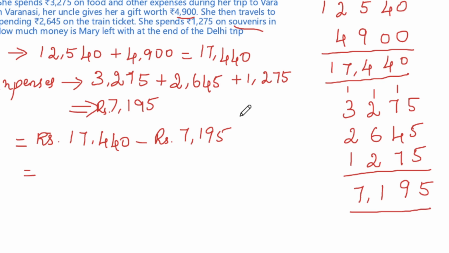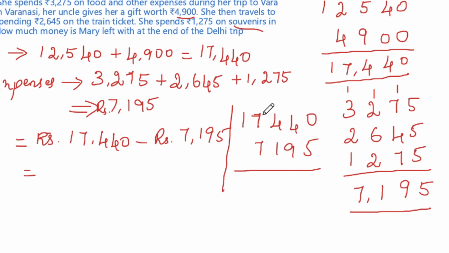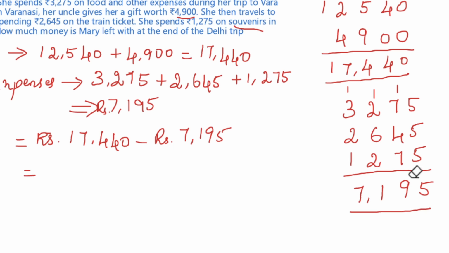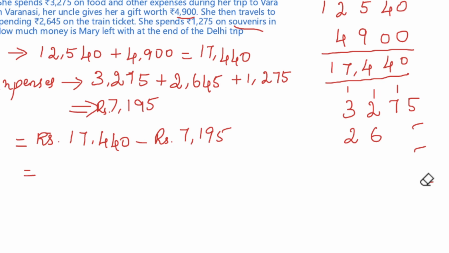This is in 10,000s. 17,440, and this is in thousands, 7,195. Now we can borrow from here. Write it a little bigger so that you are able to see it, because this is also having 10,000s.